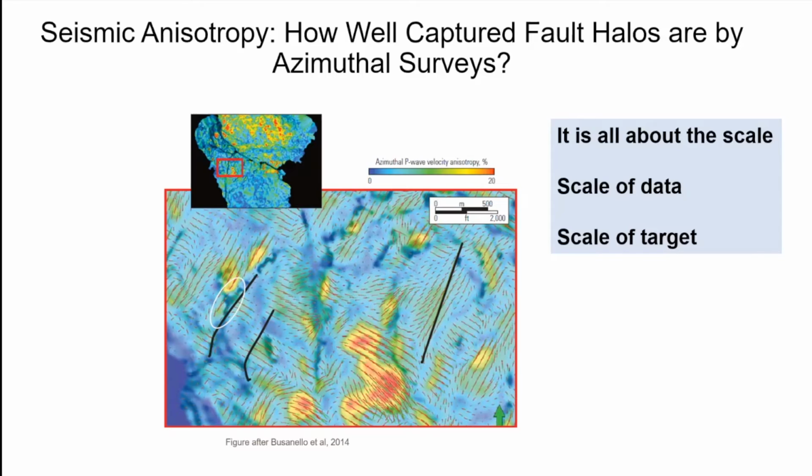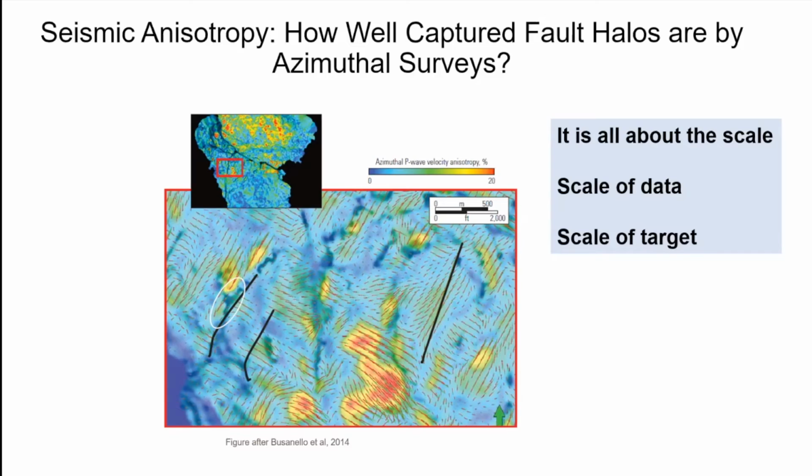And talking about fault size, how big is that fault damage zone width? I think that's the $1 million question, honestly, because it's all about scale. If we use seismic to infer the fault halo width, we're going to go with the rule of thumb that the larger the fault, the larger the halo, which certainly makes sense, because the larger the fault, the larger the damage.